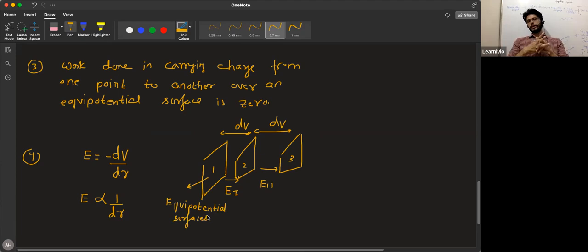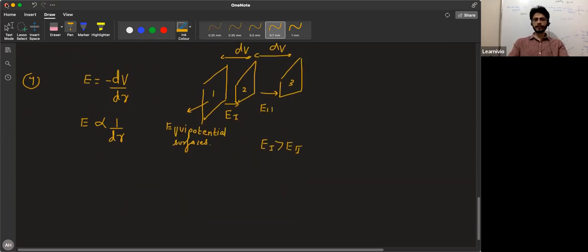Okay, now can you tell me in which region field is strong, in region 1 or in region 2? Field is inversely proportional to the separation between the surfaces. So closer the surfaces, greater would be the strength of field. So field E1 will be greater than E2.